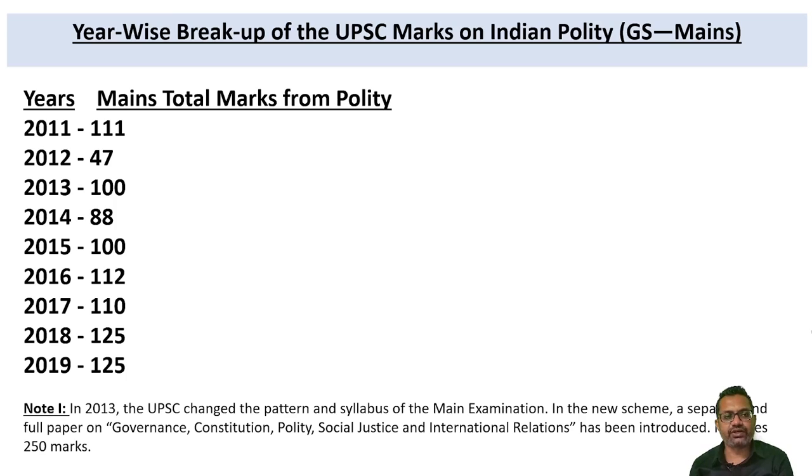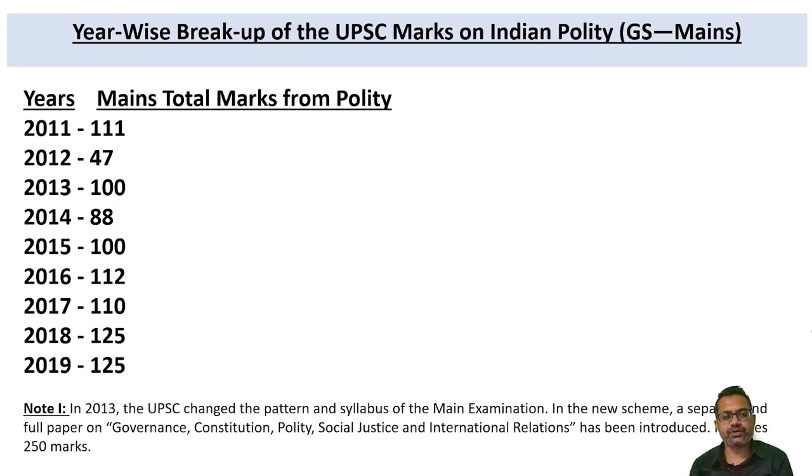In 2013 it was 100 marks. Then in 2014 it reduced to 88 marks. Then in 2015 it was around 100 marks. Finally, you will see that in 2018 and 2019, in both these years, the question paper consisted of 125 marks from polity and governance.